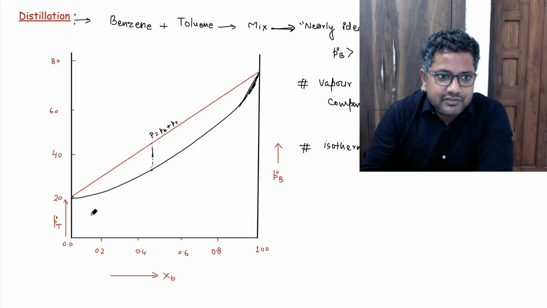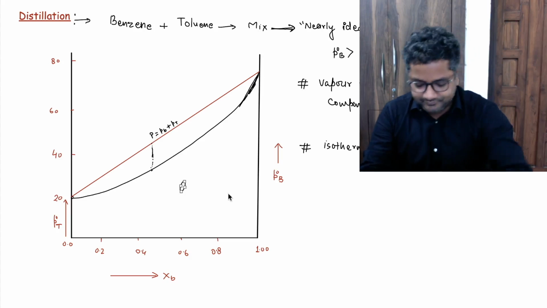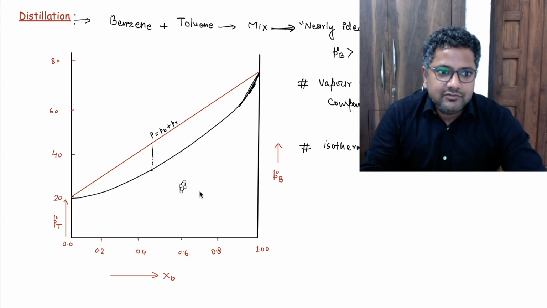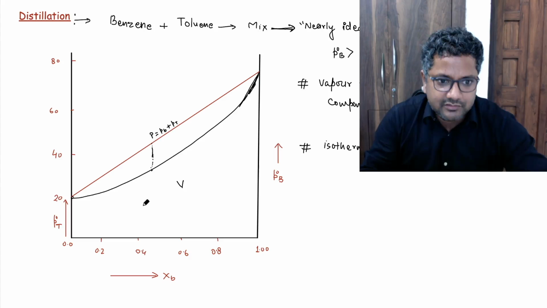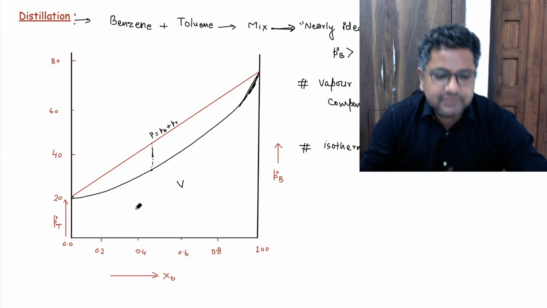So this whole region represents the vapor phase, because in this whole region the total pressure is less than this equilibrium pressure. Clear? Good.